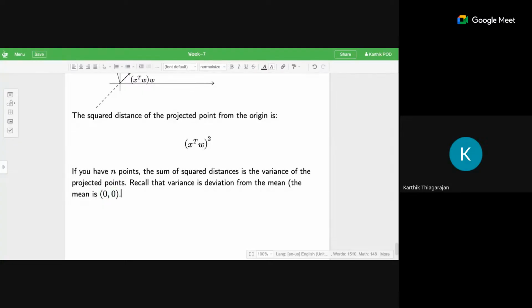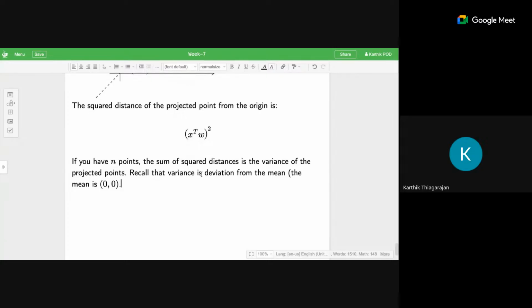So what does this become? Is this correct? Recall that the variance, is it just the deviation from the mean or something else? The statement is wrong. It's not just deviation from the mean, it's the squared deviation, right? It's the mean of the squared deviations from the mean.